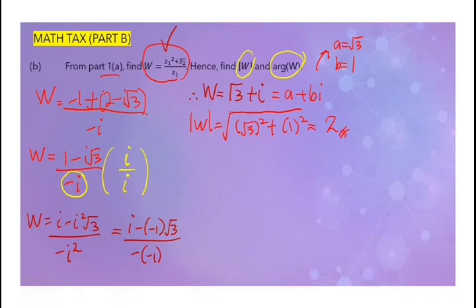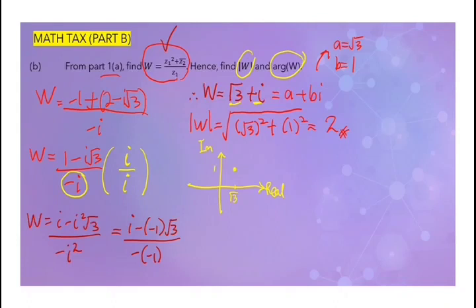The last part will be the argument of w. To find the argument of w, please draw the Argand diagram first. This one will be your real part, and the y-axis will be your imaginary part. So we have √3 plus i, so it will be somewhere here, √3, 1i, 1.